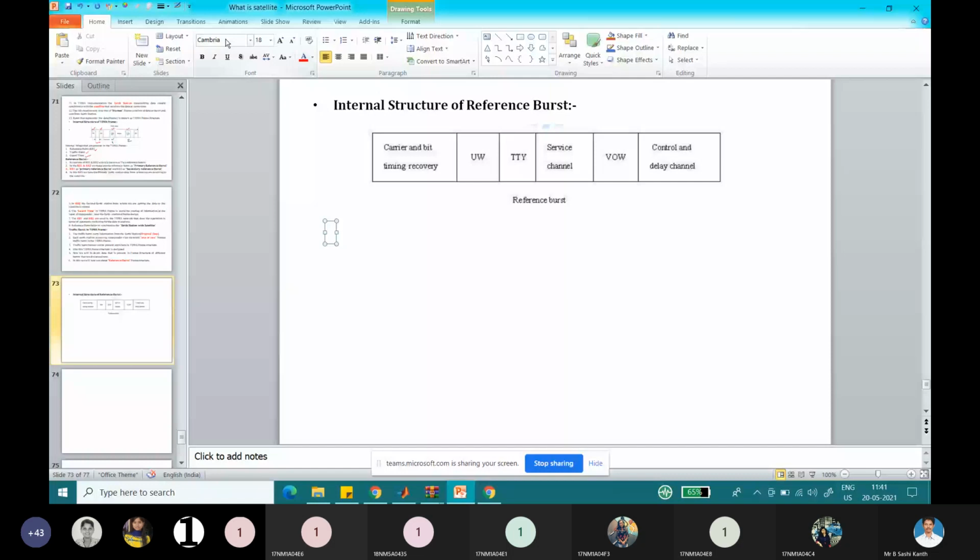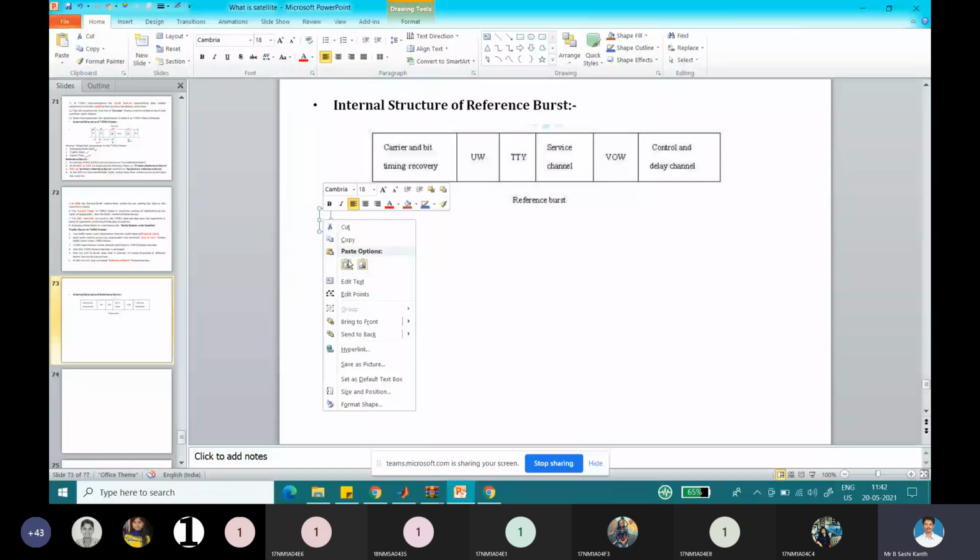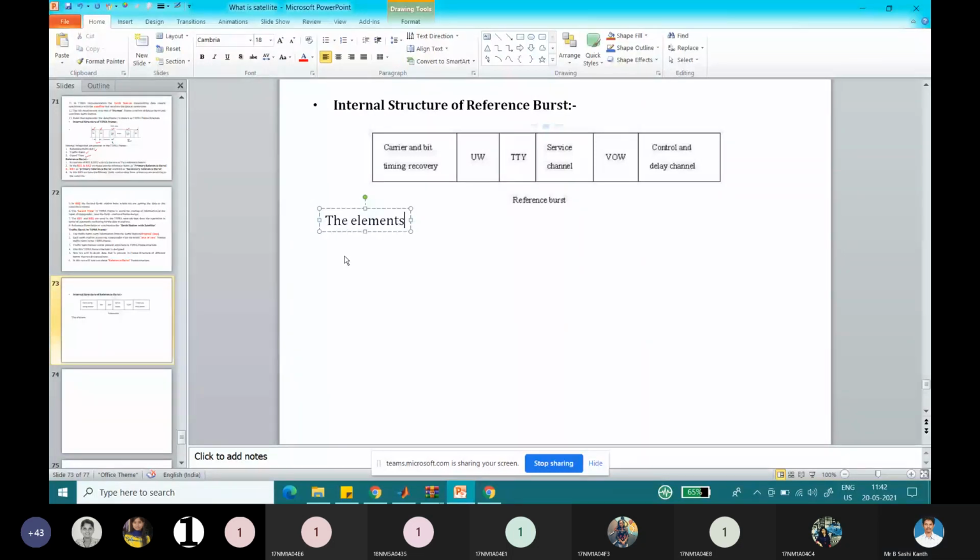Okay. The elements that are present in the reference burst. First one is carrier and bit timing recovery.